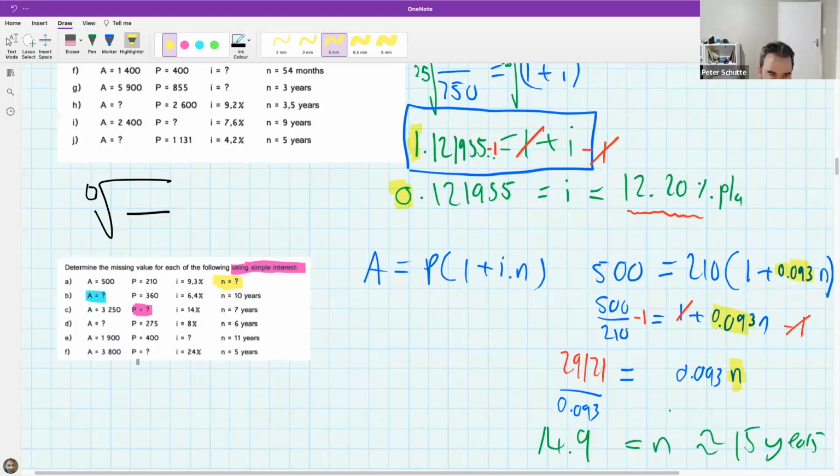Let's finish these last two and then we'll call it a day for today. Today was just our introductory lesson. So we are trying to find A in the second question and we're trying to find P in the third. And then once we've done that, we'll wrap it up for tonight. We've gone over the basics of financial maths.